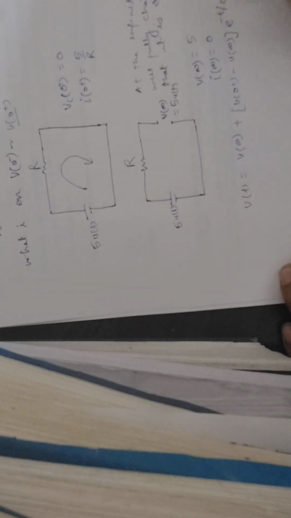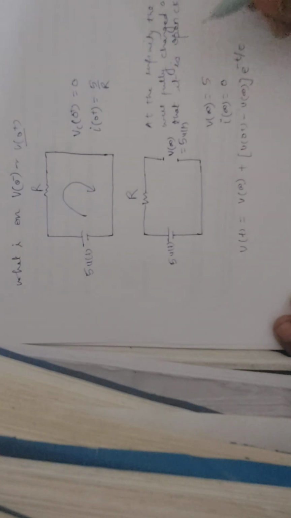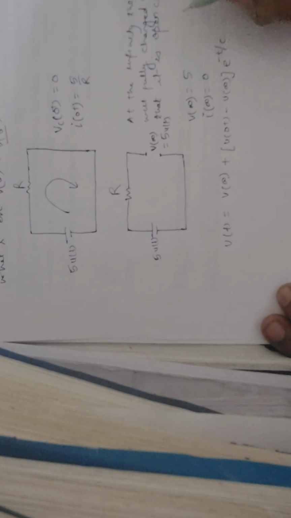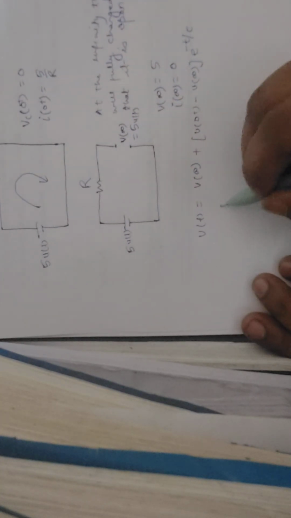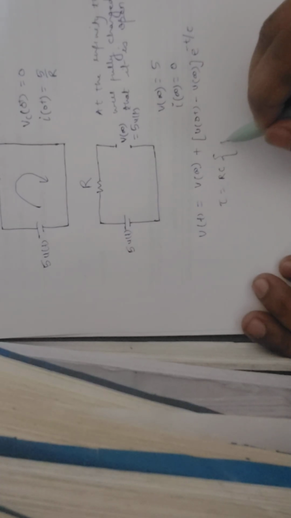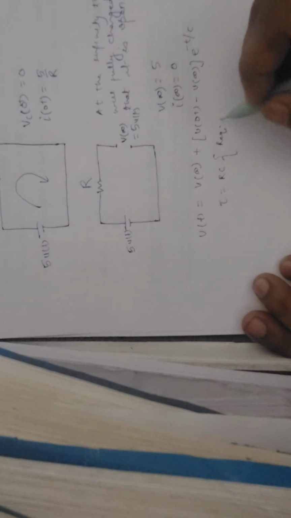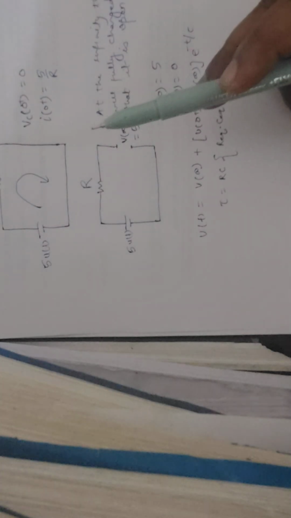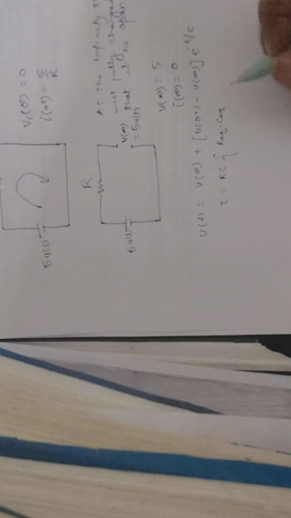So we want to calculate tau also. Tau equals R and C. What will be the formula for calculating tau? That is R equivalent into C equivalent. So there is only one resistor and only one capacitor, so there is only RC.